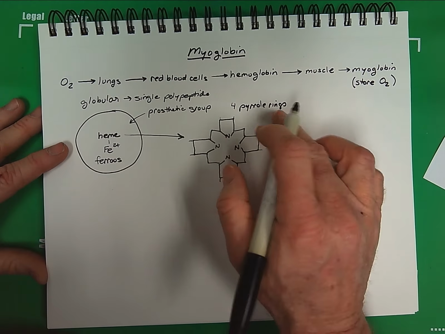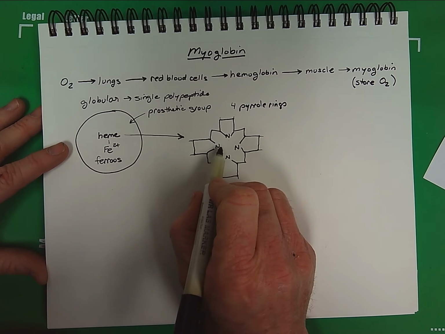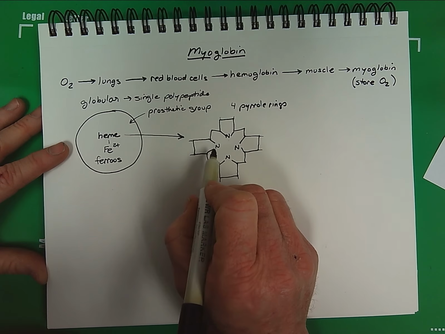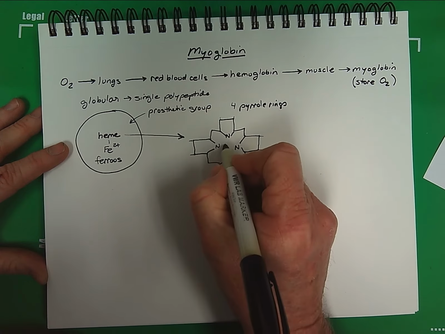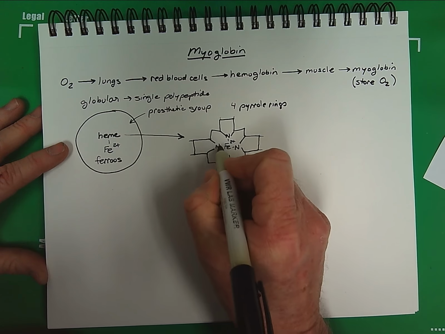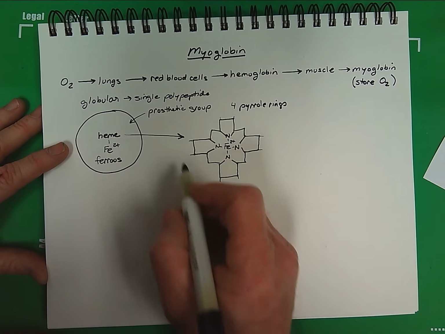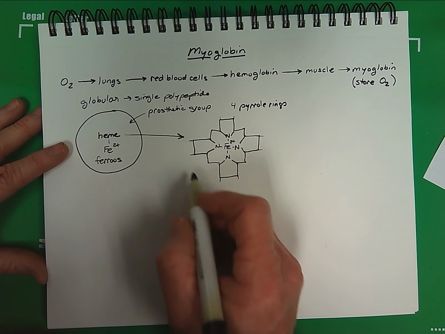The importance of the pyrrole rings are the nitrogens on these rings face inward. These nitrogens then can be a coordinated binding site for iron in the center.